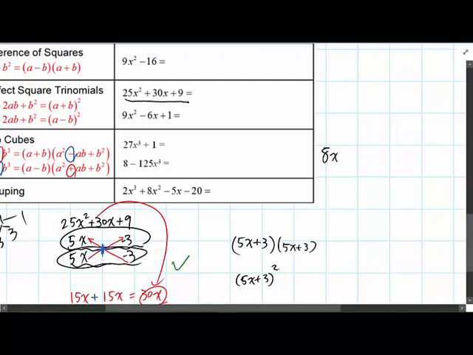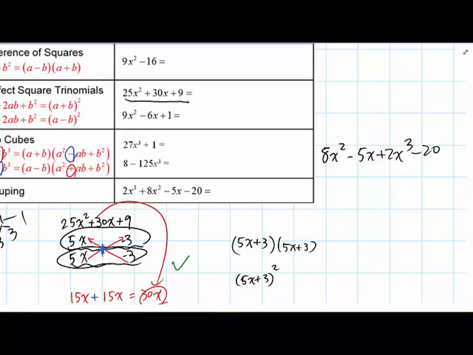So for example, 8x minus 5x plus 2x cubed minus 3. The first thing you'll probably do is to turn it to standard form. But if the question asks you to factor by grouping, you don't necessarily have to. But in this case, standard form would be correct.